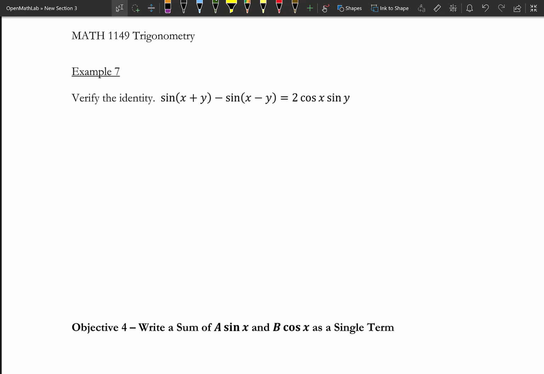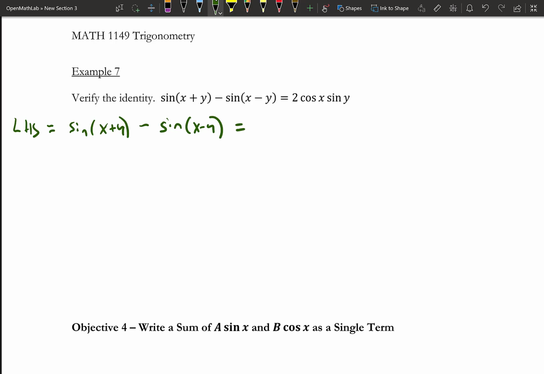I have another one here to verify. This is using the sum formula for sine, and also the difference formula. If we start with the left-hand side, that's sine of (x + y) minus sine of (x - y).